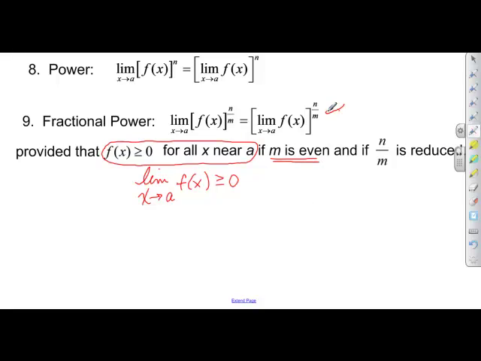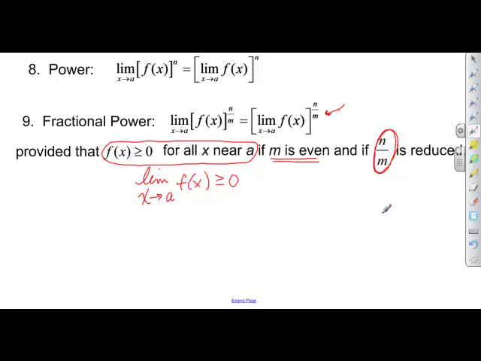Now look at where m is. m is the denominator of the fraction that is our power, which means we're talking about an nth root. Can you take, say, a square root of a negative number? No. And of course our fraction needs to be in reduced form.